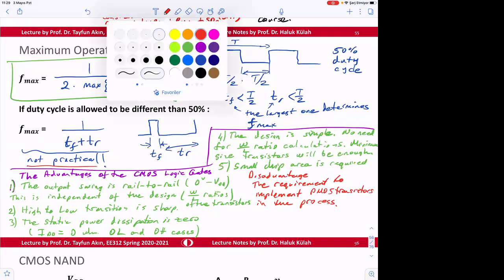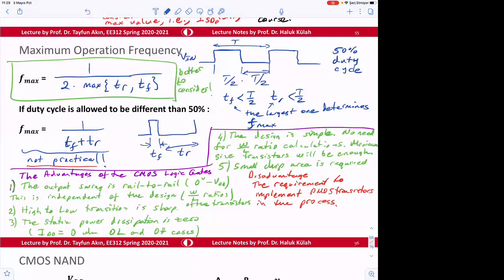Just to add a few more things, input low is going to be about 1.75 volts, and input high will be equal to 3.25 volts if VTN is equal to VTP and if Kn is equal to Kp.